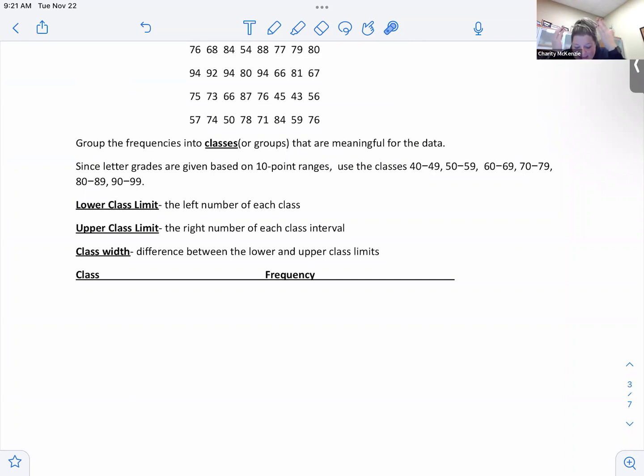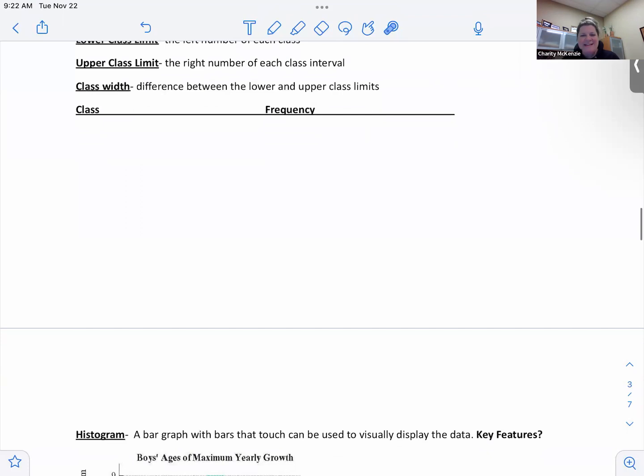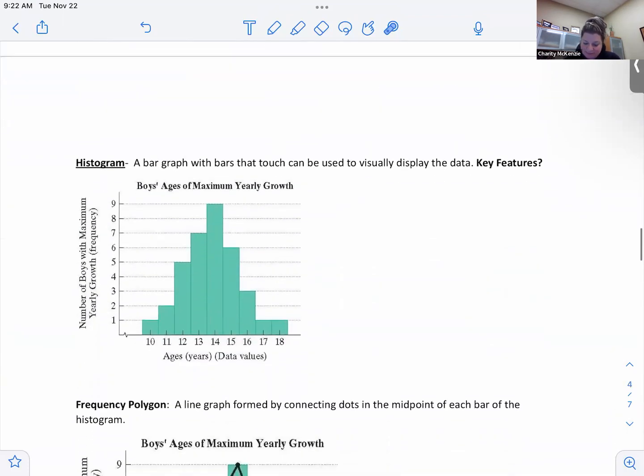That's 10 numbers because 90 is a number. So the width is 10. I'm not going to do another one, I just like these definitions here. Lower, upper, they naturally make sense for grades too.